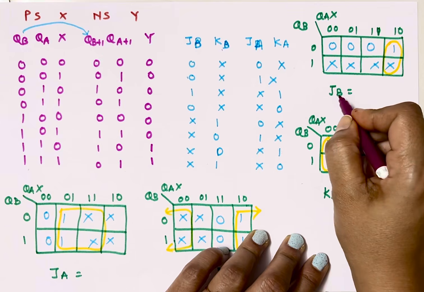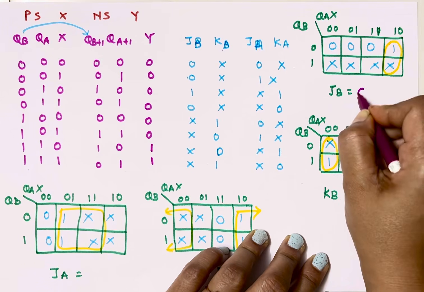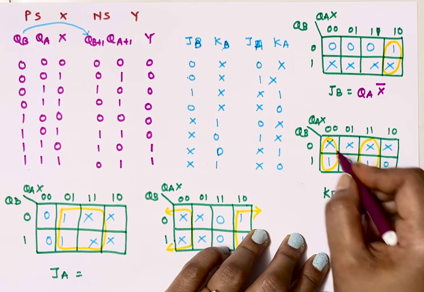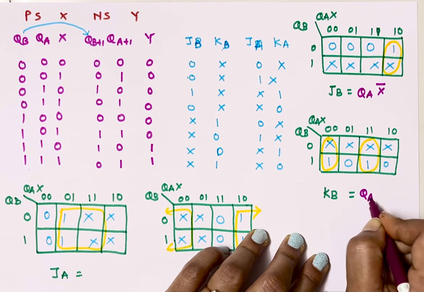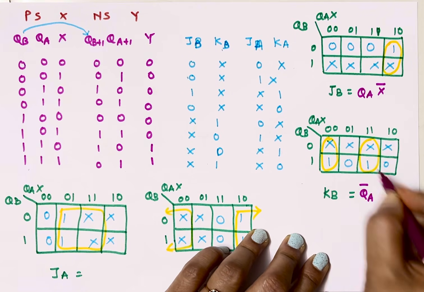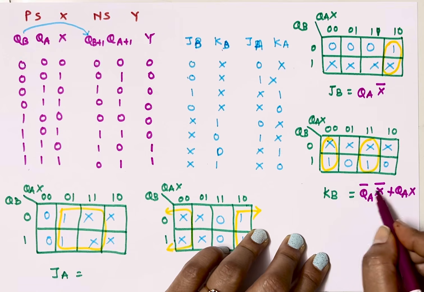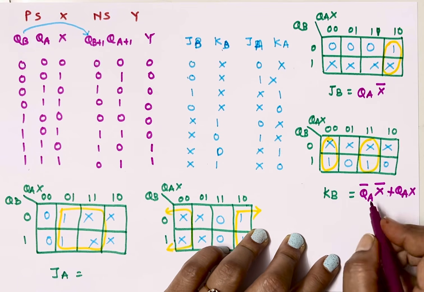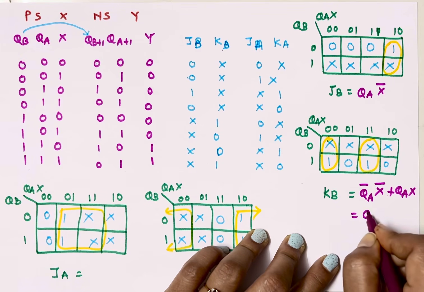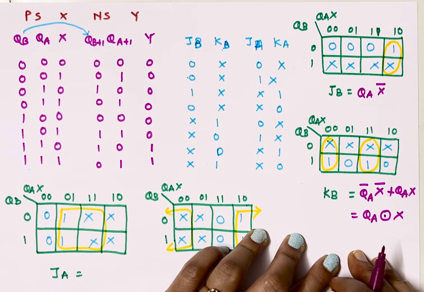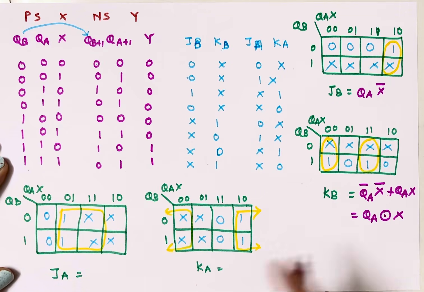So here the equation for JB is QA X bar. Here the equation for KB is QA bar X bar plus QA into X. So this is like A bar B bar plus AB, which is nothing but QA XNOR X, where X is our input.